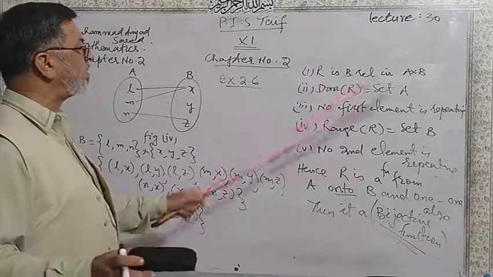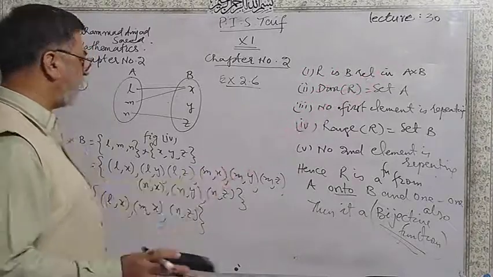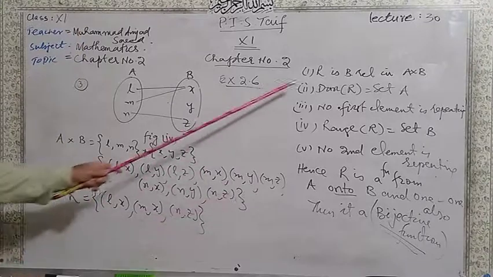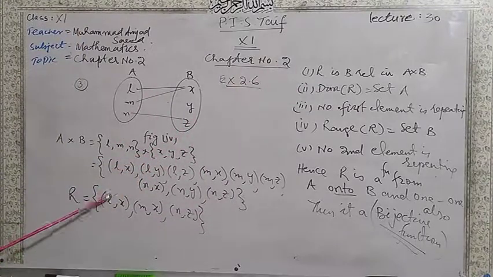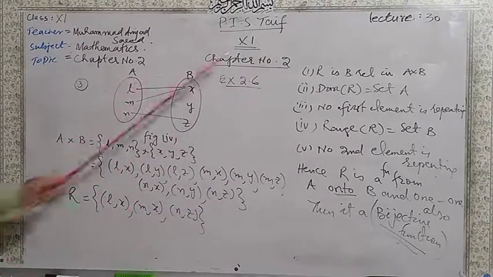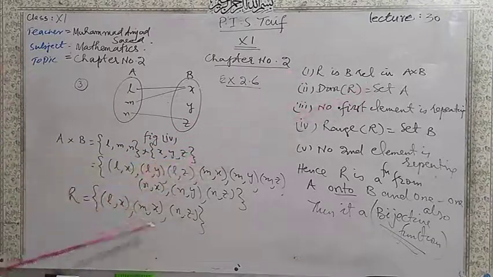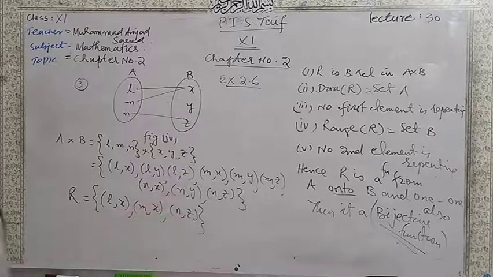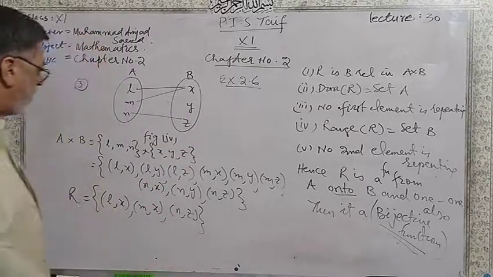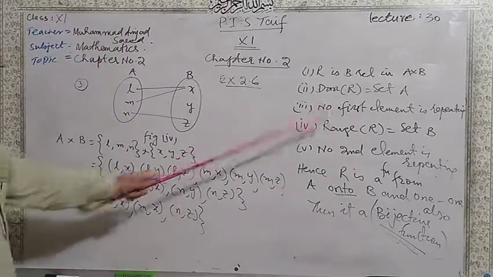R is a binary relation in A cross B. After that, domain of R is L, M, N. This is set A. This is correct. No first element is repeating. L, M, and N. Yes, no first element is repeating.